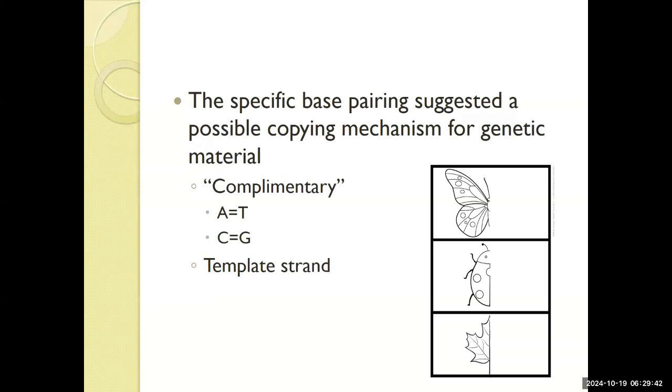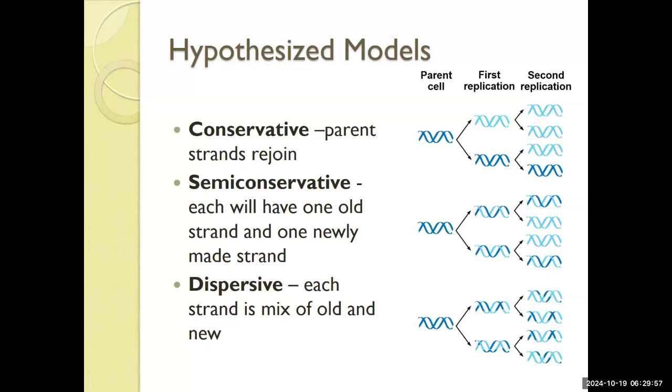It was recognized early on that replication would involve copying information from the parent strand to create new daughter strand or newly synthesized DNA, suggesting some sort of complementary or template mechanism to fill in the gaps. There were several hypothesized models. A conservative model would suggest that the parents separated, served as templates, and then rejoined.